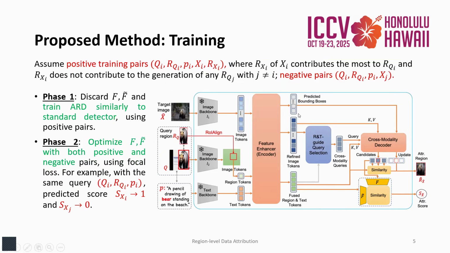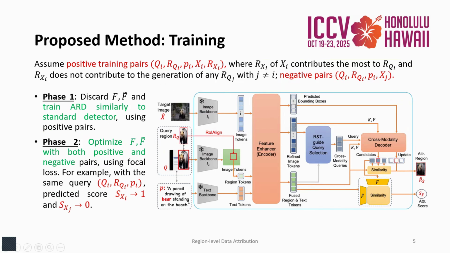To train our method, we assume that we know some positive training pairs, where RXi contributed the most to the region of interest RQi, and all target images XD from other pairs do not contribute to the generation of RQi. We divide the training process into two phases.